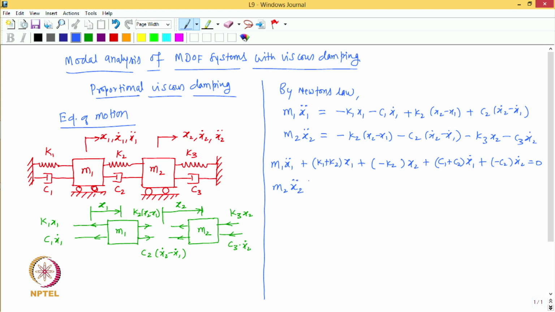So m2 x2 double dot plus the coefficient of x1, which is minus k2, then the coefficient of x2, that is k2 plus k3, then the coefficient of x1 dot, that is minus c2, and then the coefficient of x2 dot, that is c2 plus c3, right, that is what we get.